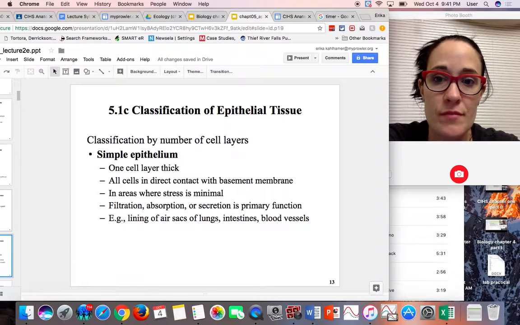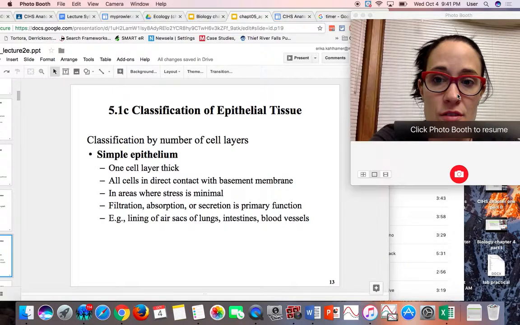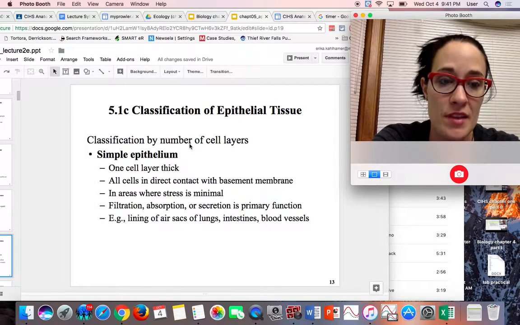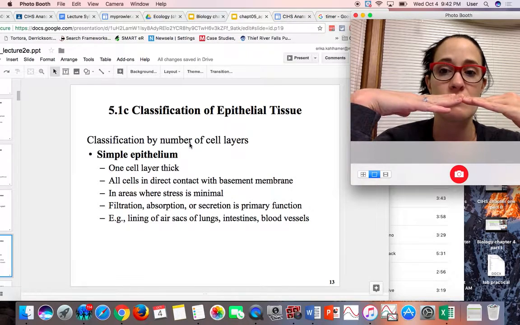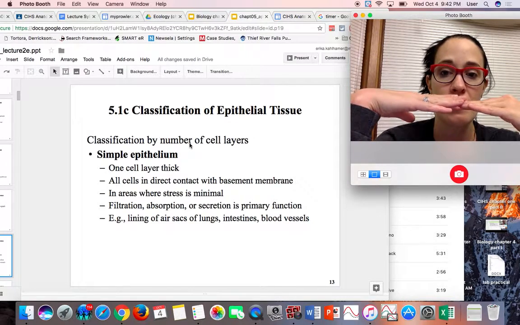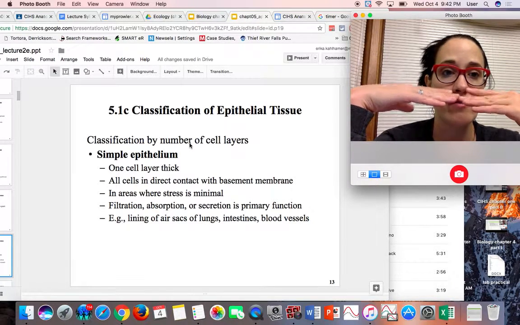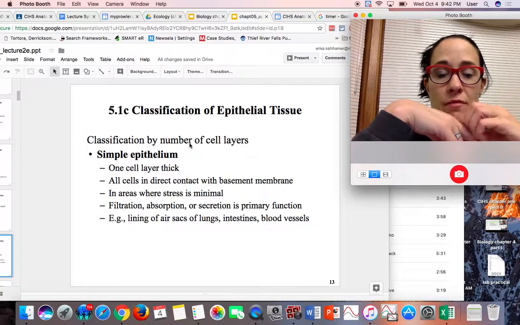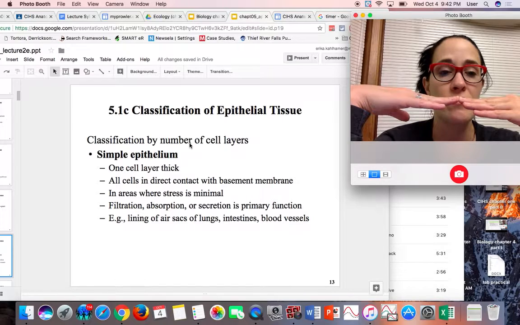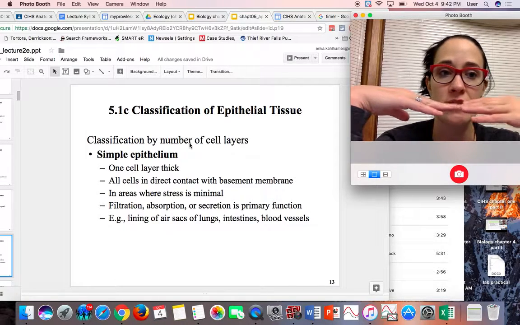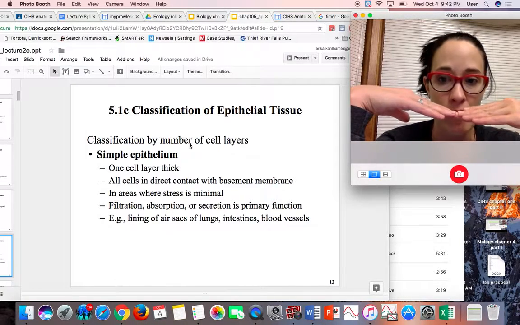First of all, classification by number of layers. Simple epithelium is one layer of cells, so one layer thick. All the cells then have a free surface, and below it, they're attached to the basement membrane. You're going to find this type of epithelial tissue where the stress on those cells is very minimal.